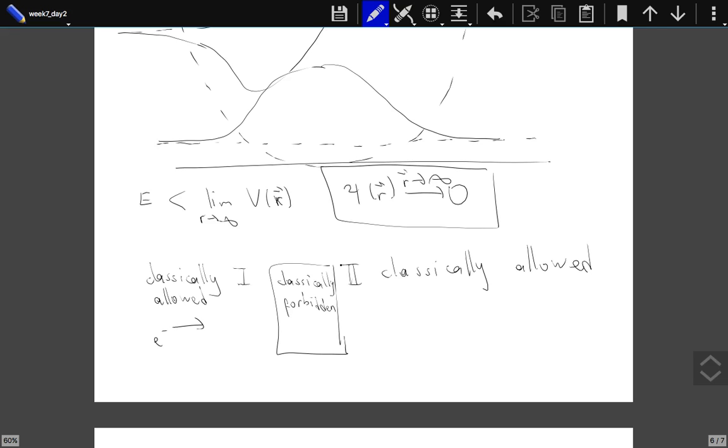We cannot really look at the classically forbidden region, but they reach region 2. That's called tunneling. We do observe this tunneling phenomenon, which shouldn't appear classically.